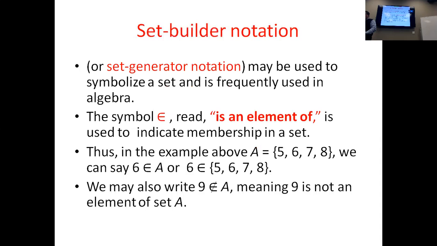For example, you have here a set A: 5, 6, 7, 8. We can say the number 6 is a member, an element of this set, because it's right there. But the number 9 is not an element, not a member of the set. These are simple, but it's important to keep them in mind. These are the vocabulary of mathematical language.